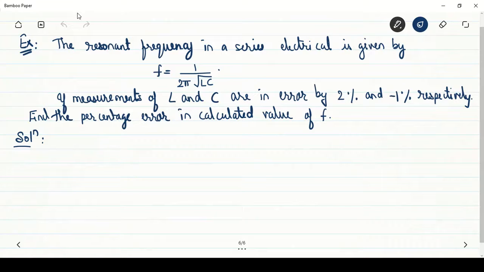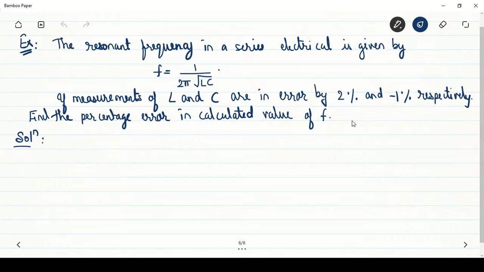Here you can see that f depends on the values of L and C. So L and C are the independent variables and f is the dependent variable.